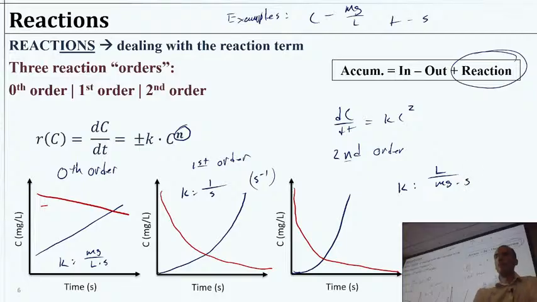It looks a lot like zero order, so don't confuse the two. Remember to just check your units. That's the best advice I can give you for doing well on the exams too. Check the units. Is it making sense? If not, can you use them to find some sense? All right, any questions?